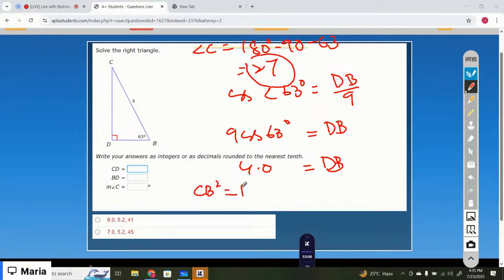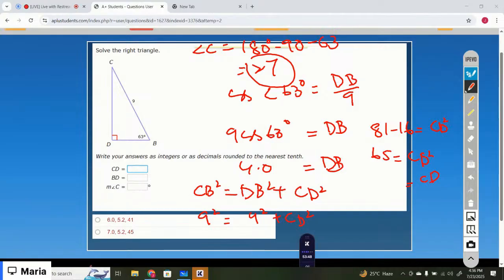Now we can find DC by using the Pythagorean theorem. So CB square equals DB square plus CD square. We need to find CD. 9 square equals 4 square plus CD square. CD square equals 81 minus 16. 81 minus 16 is 65. So CD is square root 65.